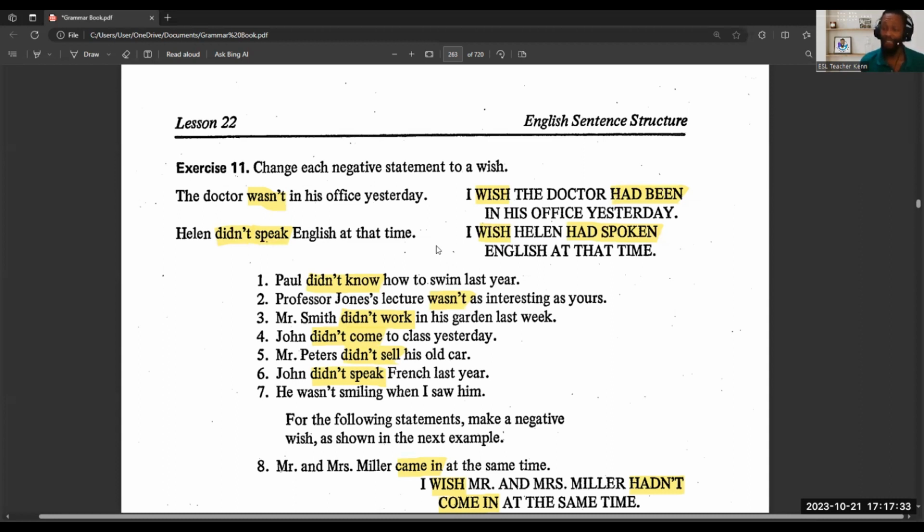I wish Helen had spoken English at that time. Paul didn't know how to swim last year. I wish he had known how to swim last year.